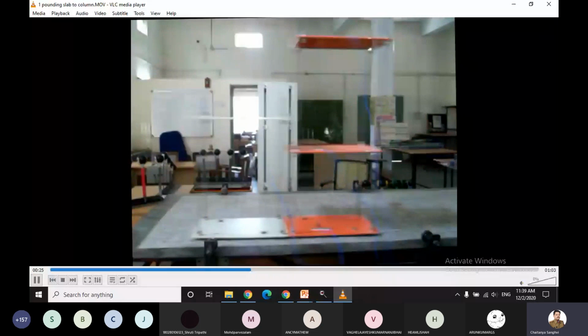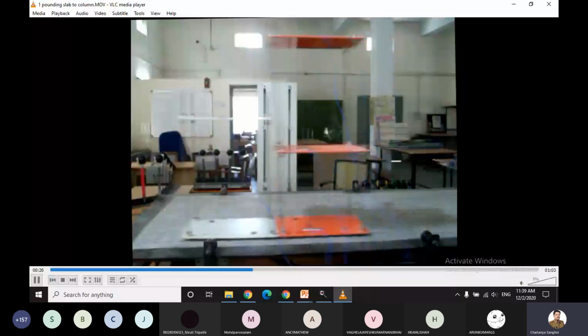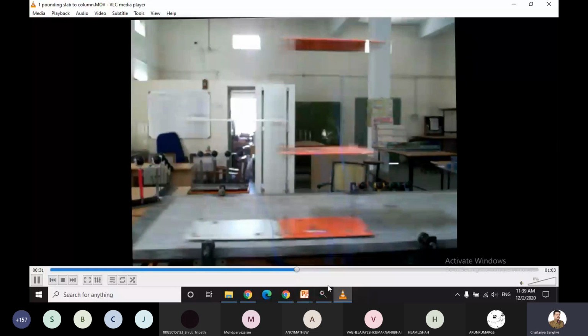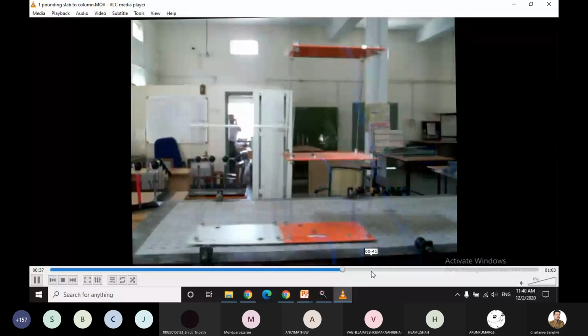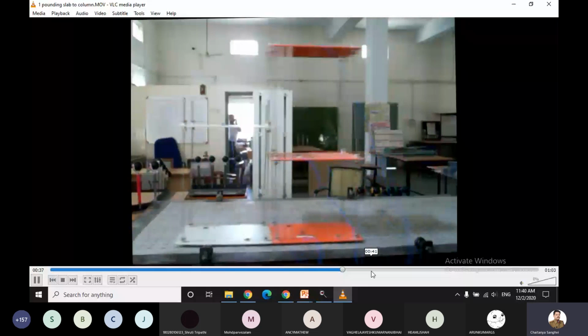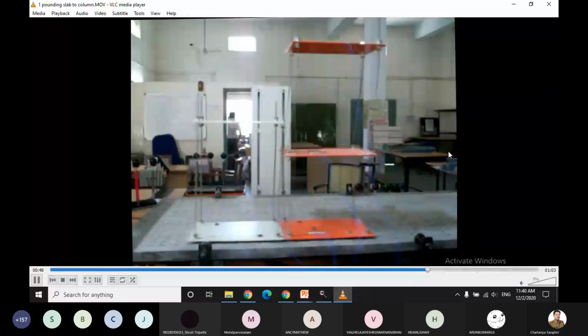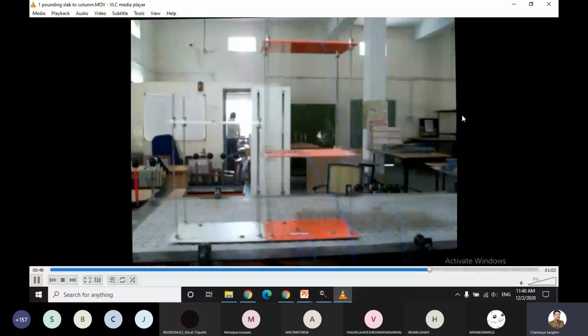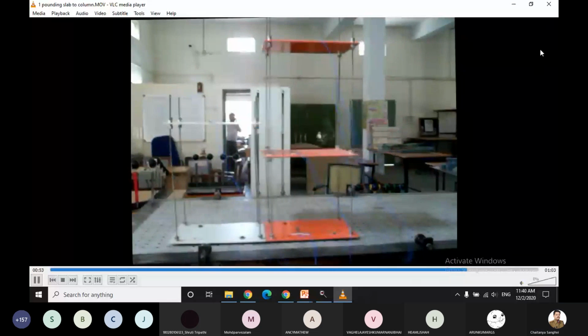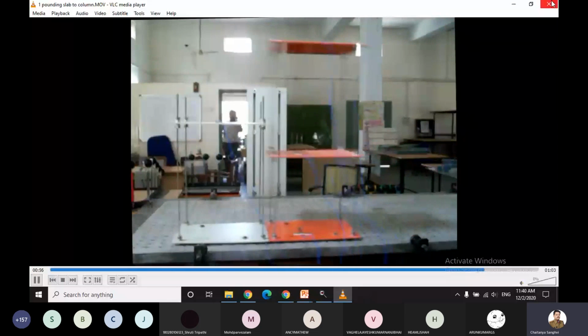So you see, larger impact force is here, and so these columns will absorb the damage, right? Look at this. It is hitting. Both are hitting each other, right? Now the stronger will survive, the weaker will absorb damage or collapse, right? So this is the slab to column pounding.